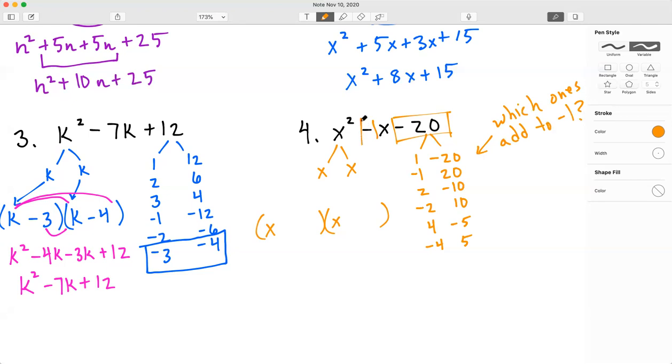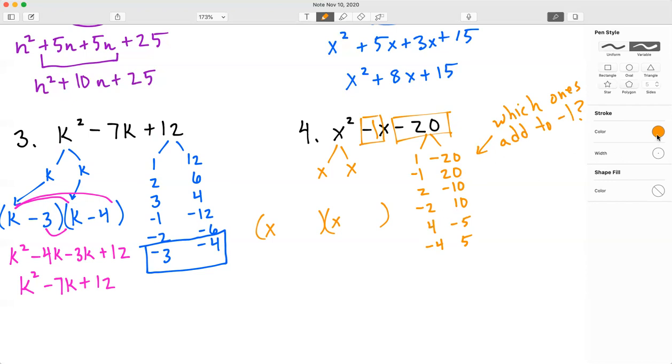Okay, the -1 is right here, the middle term. Well, 1 minus 20, that doesn't. -1 plus 20, that doesn't. 2 minus 10, that doesn't. -2 plus 10, that doesn't. 4 minus 5, that does.